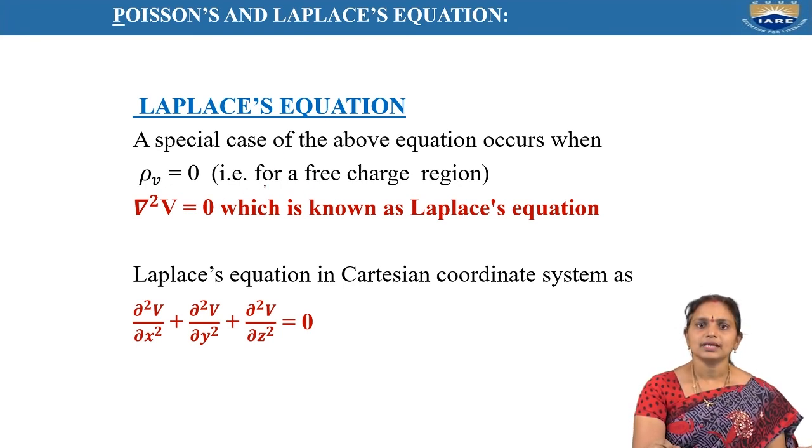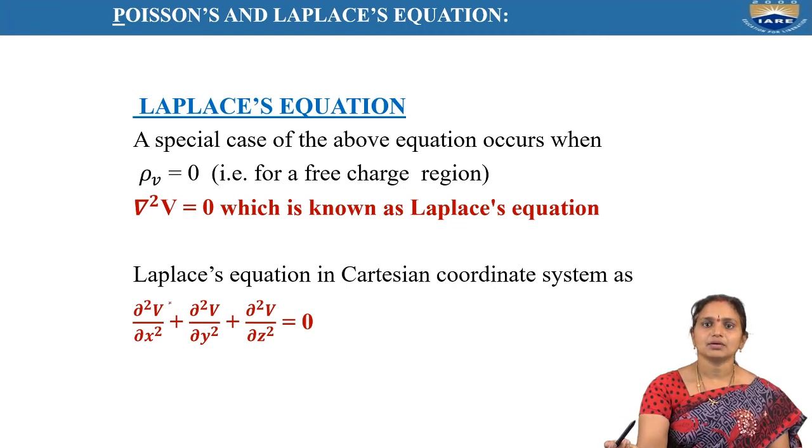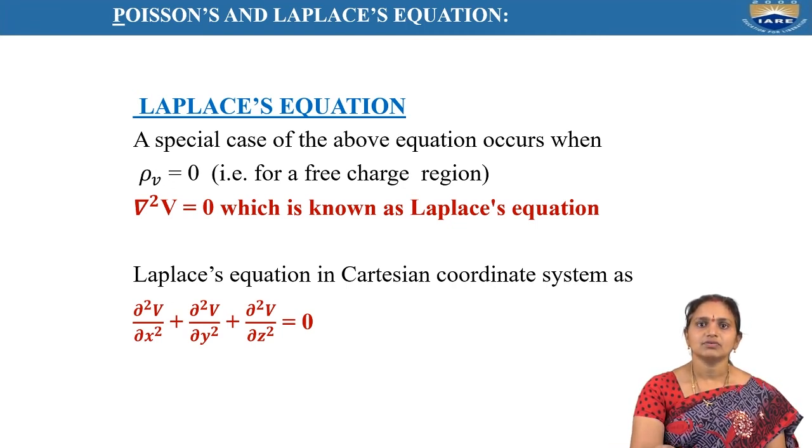Generally, the Laplace equation in the Cartesian coordinate system, where V is the potential, a scalar, is del square V. That means the variation of potential with reference to the three coordinate variables x, y, z.